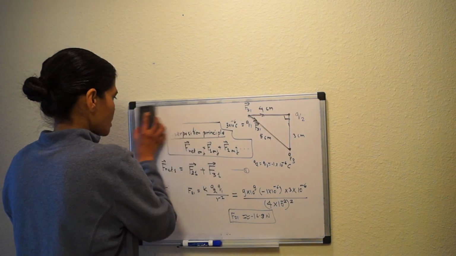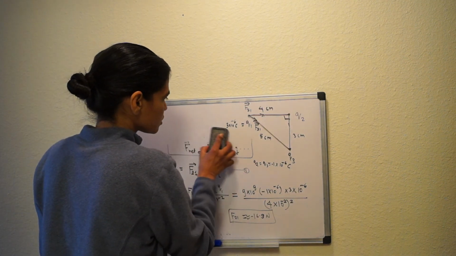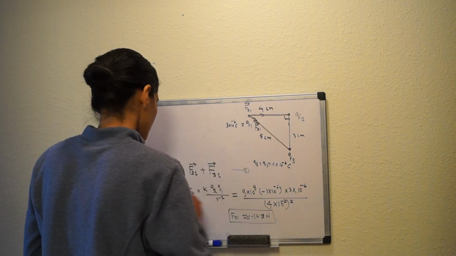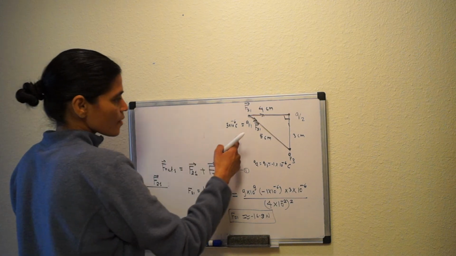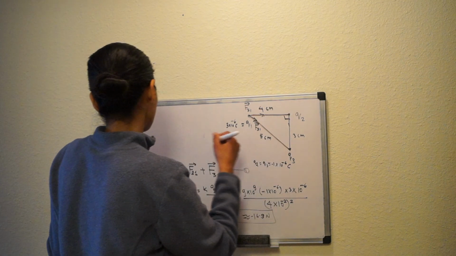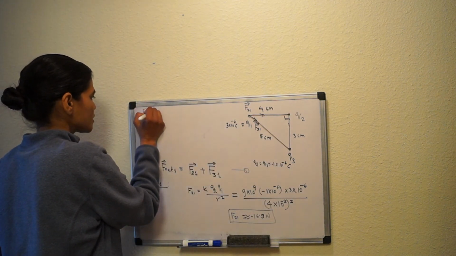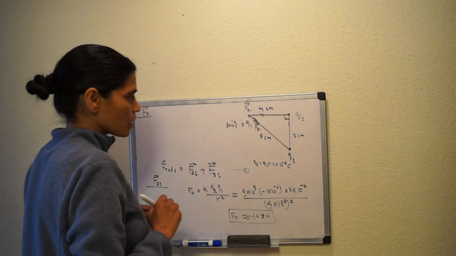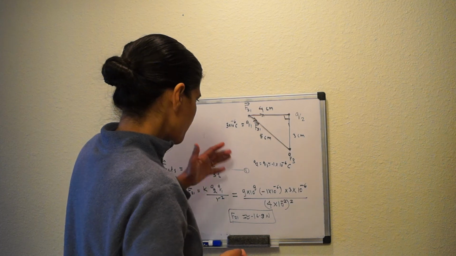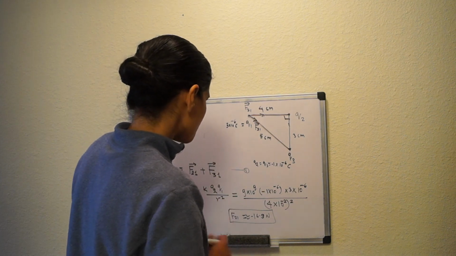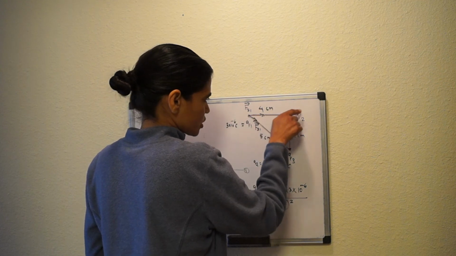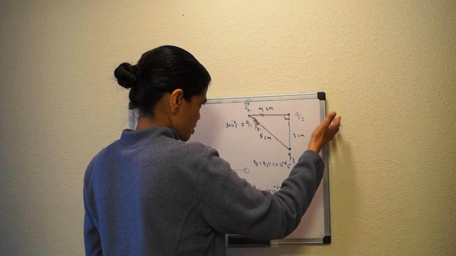So now we need to do the same thing for F31, okay? Looking at F31, we need to go into a little more detail than this, because look at this, the force experienced here is just straight along the x-axis, or x direction.